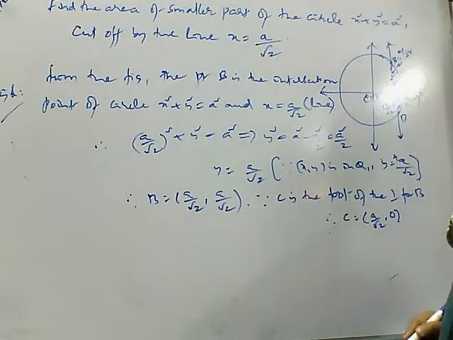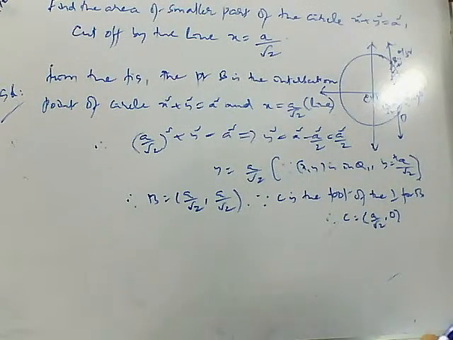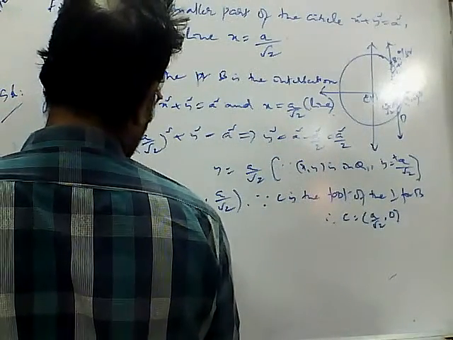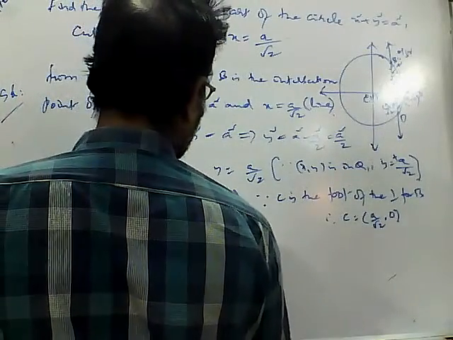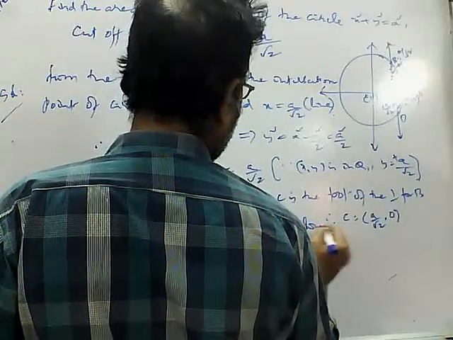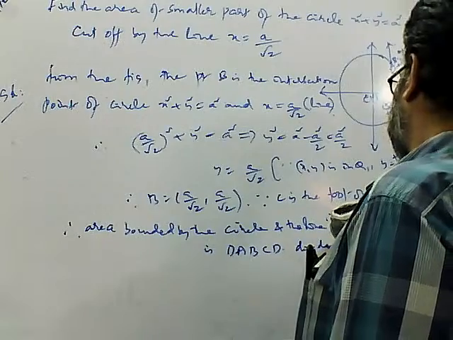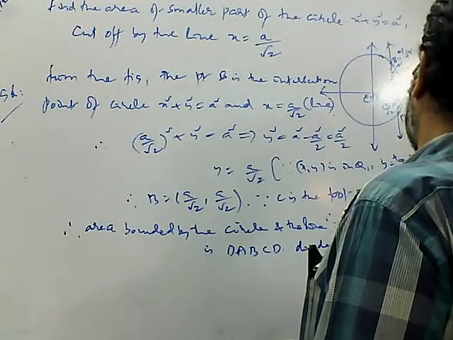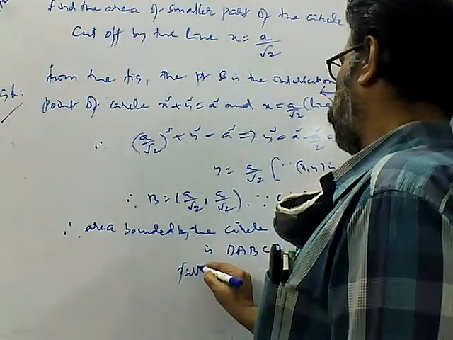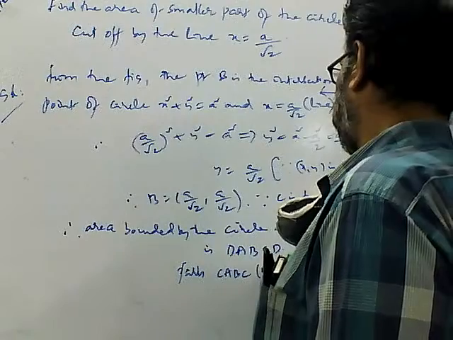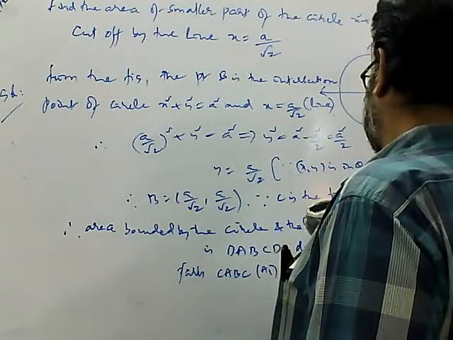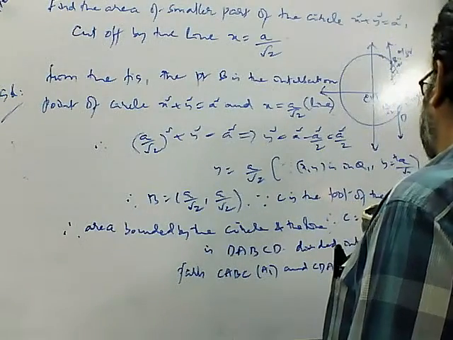So you name this as D. So A, B, C, D. Therefore, the area bounded by the circle and the line is D, A, B, C, D. It is divided into two symmetric parts, CABC as A1 and CDAC as A2.